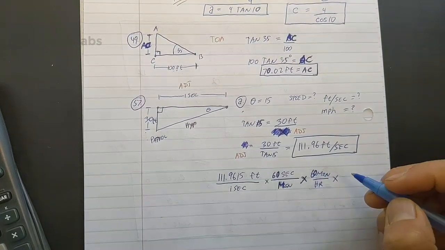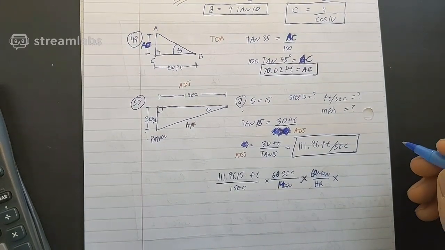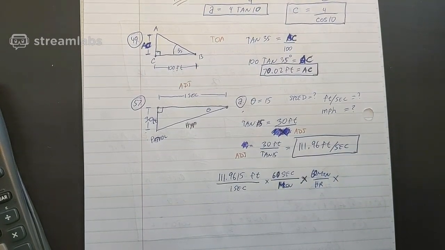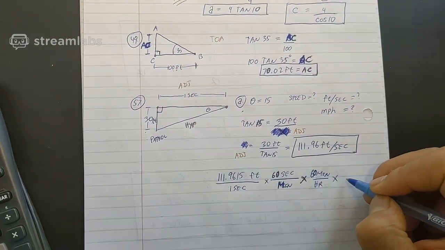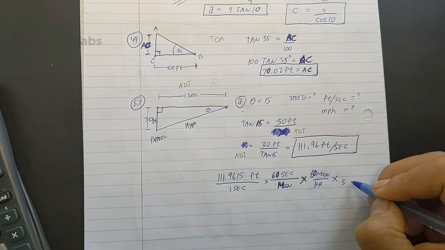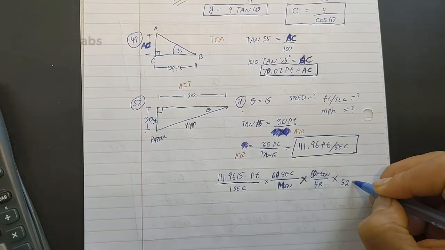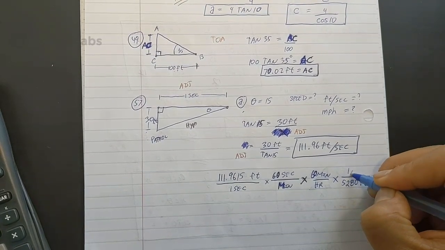Alright, so what's the conversion unit from feet to miles? 5,280 feet equals 1 mile.